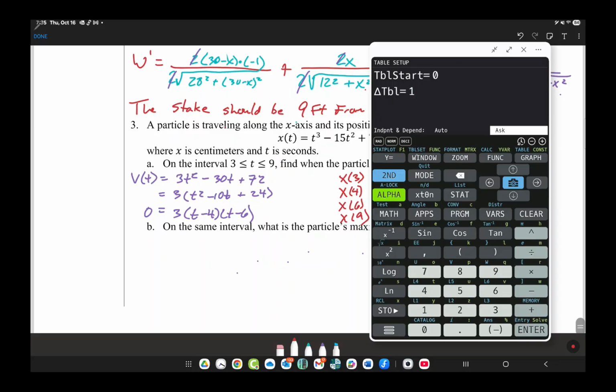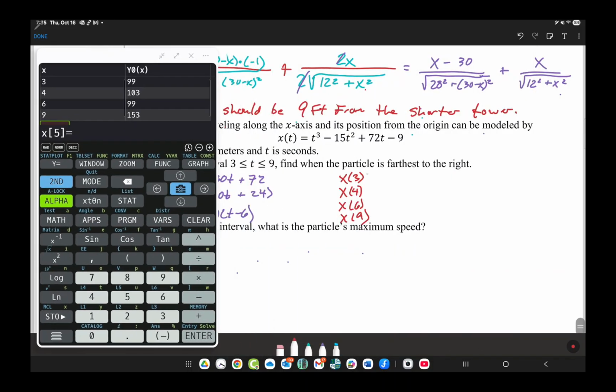So let's go to table, so second table. It's asking for 3, and there I got 99. We wanted 4, there I have 103, 6, 99 again, and 9, 153. So those are my values, 99, 103, 99, and 153. So where am I furthest to the right?